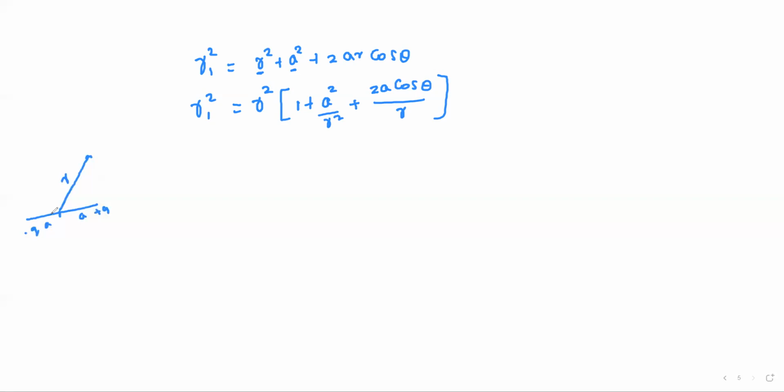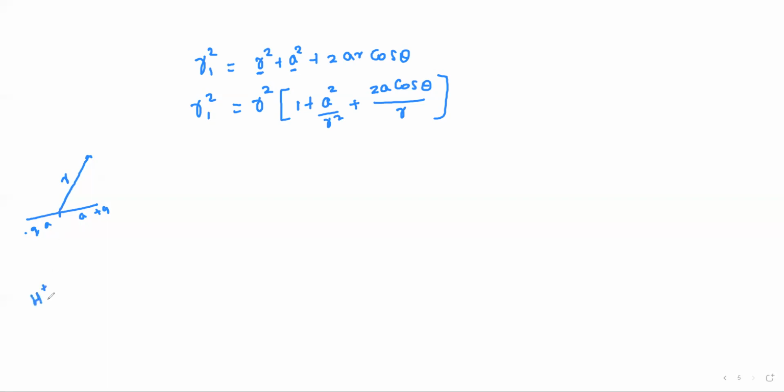Basically, the distance between the two charges of a dipole is very low, on the order of 10 to the power of minus 10 or minus 9. That much is low, because it represents the molecule size.